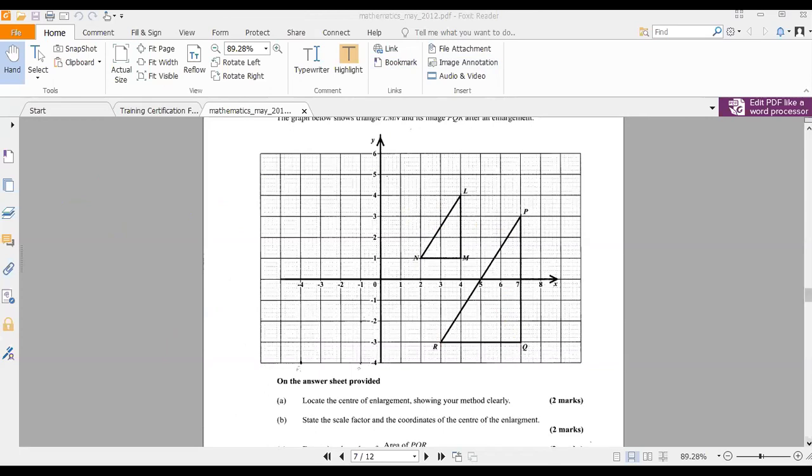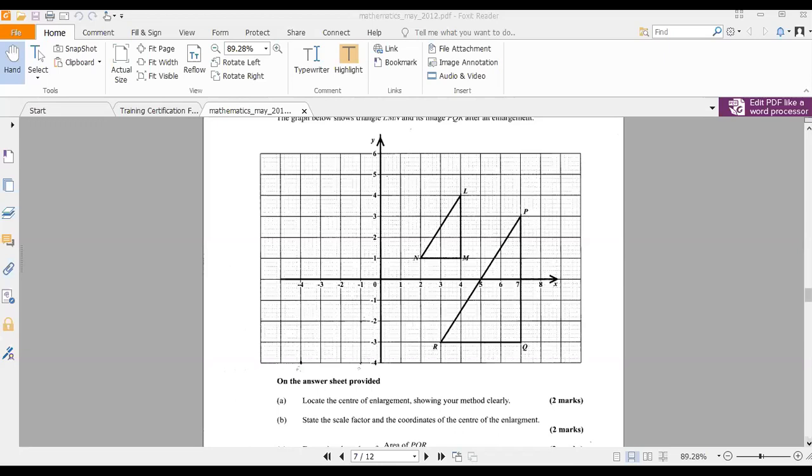A says you must locate it. If you are locating it, you have to draw the lines to locate it. B is the scale factor, where we take the length of one side of the image over the corresponding side of the object. So that's how we got the 2 for B. So A is just locate, and B is why we got K is equal to 2.